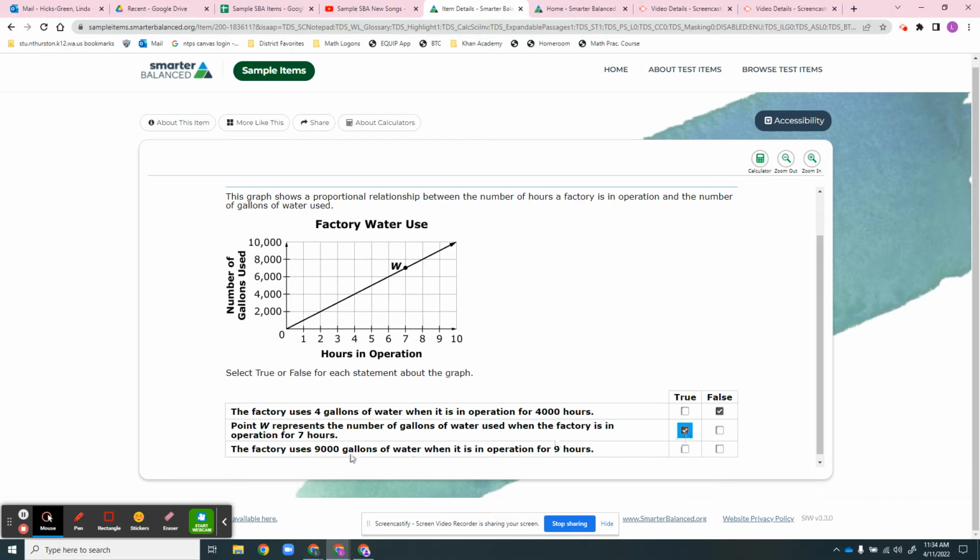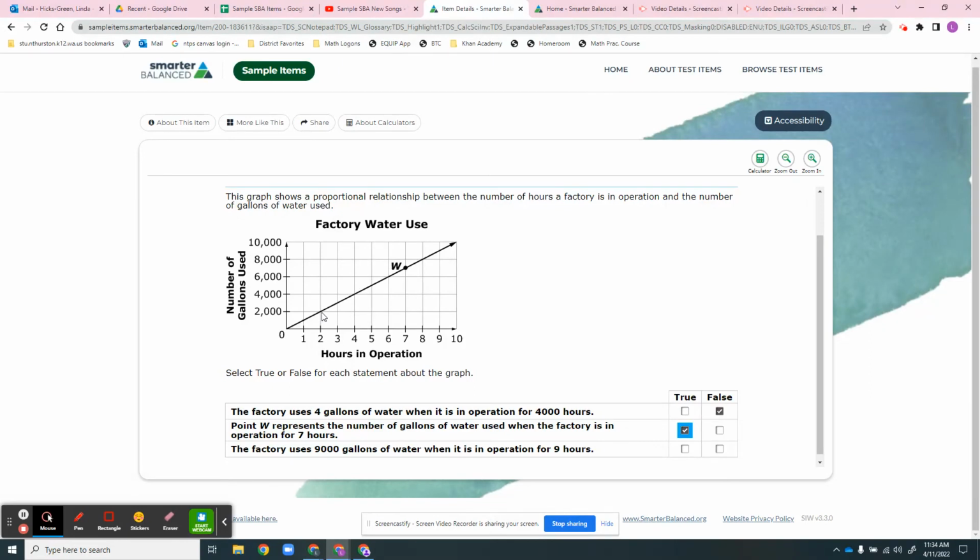The factory uses 9,000 gallons of water when it is in operation for 9 hours. For this one, we could pull out the calculator to figure out the unit rate. We don't really have the exact point for 9, so we'd have to eyeball it, and we don't want to do that.